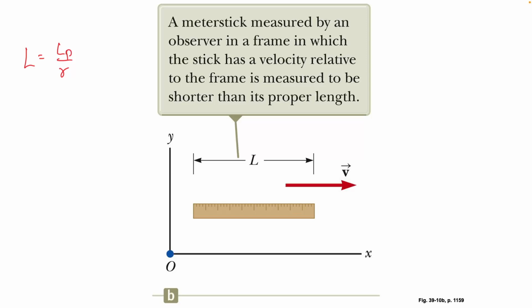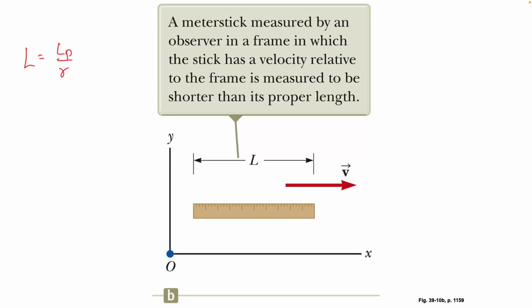It should have exactly the same height but it should be a lot thinner. So the contraction takes place in the direction of the velocity vector. It's not like three-dimensional, everything gets squished, right? Things get squished along the axis of travel.